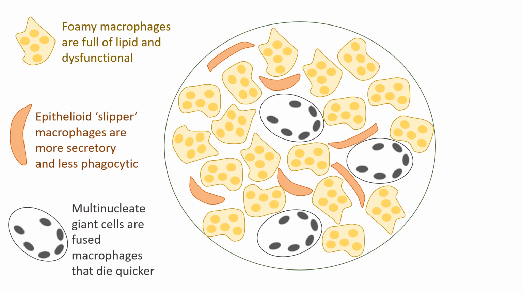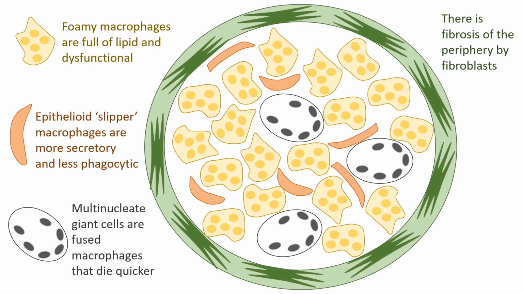And maybe a few giant cells, fused macrophages that die quicker. And around the edge, we have our fibroblasts, all secreting collagen. So we've got our fibrosis, our walling off of these key cells within the granuloma.